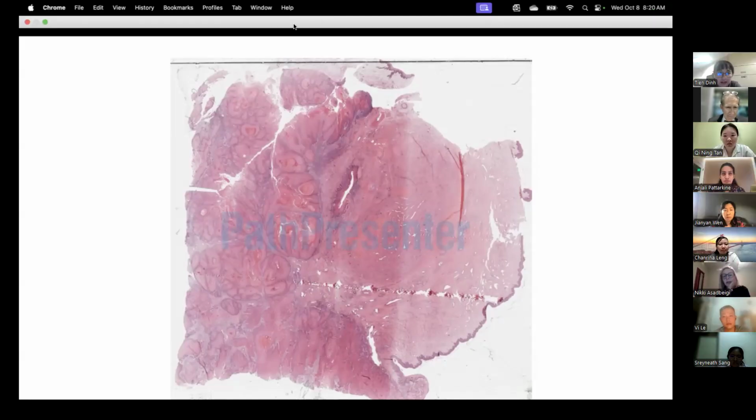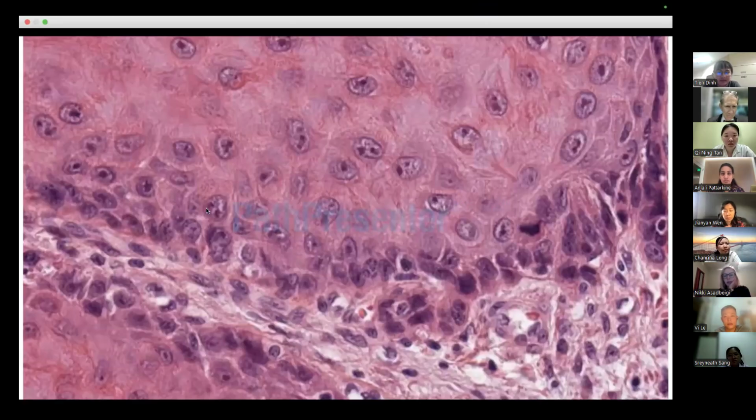Amelanotic melanoma, it's a good thought, but let's go to the higher power. If you go to the higher power, you see more of the cells are having more cytoplasm, the cells which are having the biggest cytoplasm.